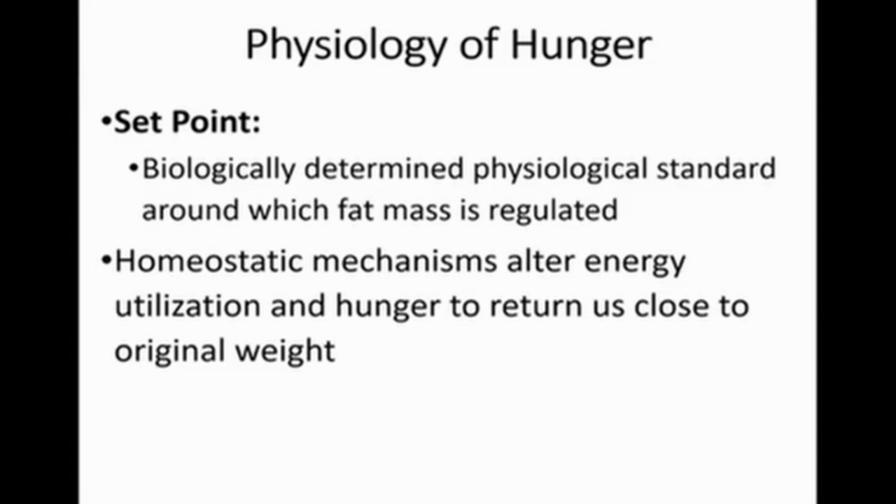So another important term to talk about when we're describing hunger and body weight and things like that is going to be our set point. And this is a biologically determined physiological standard around which fat mass is regulated, which is a whole bunch of words to basically say this is the point where your body tends to settle.